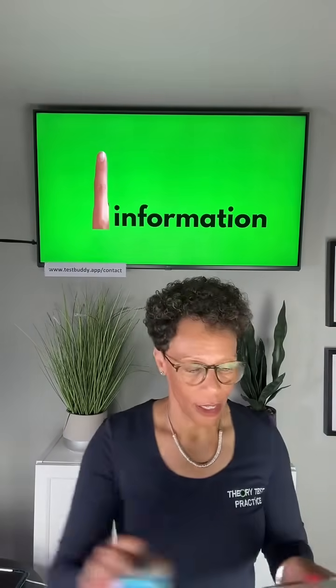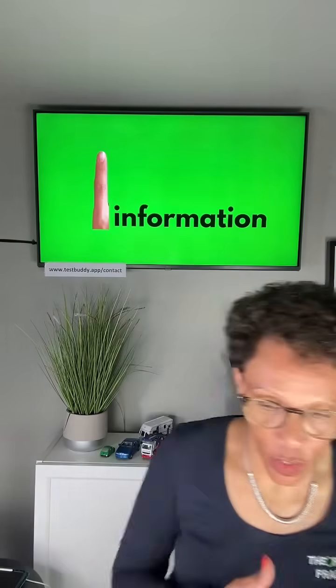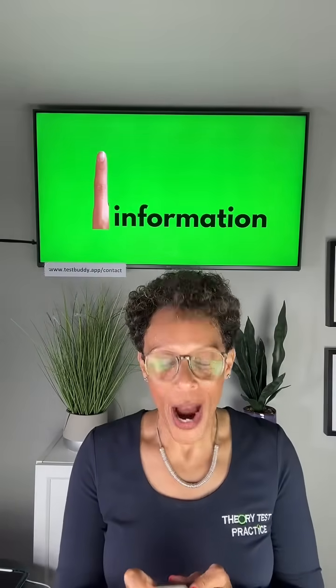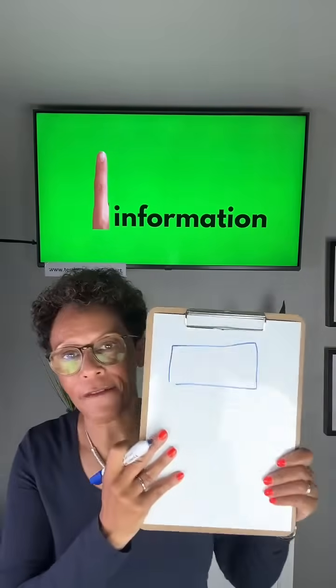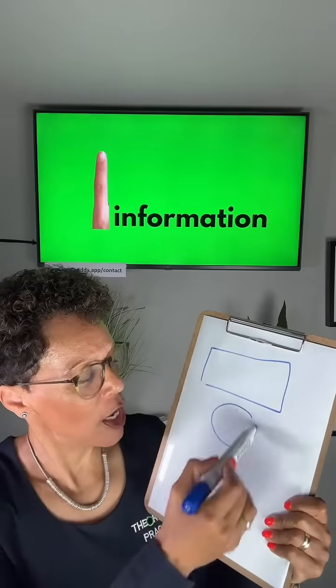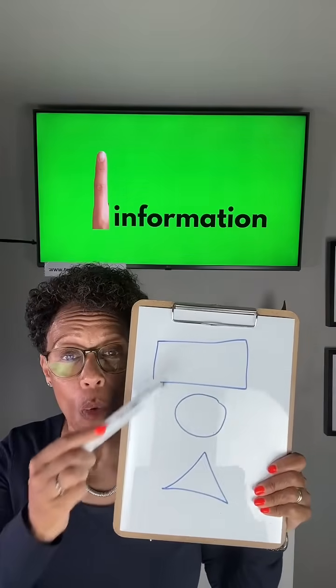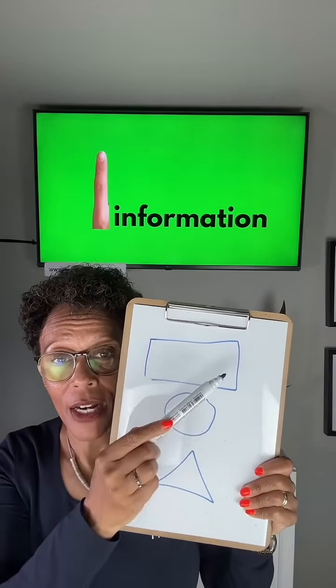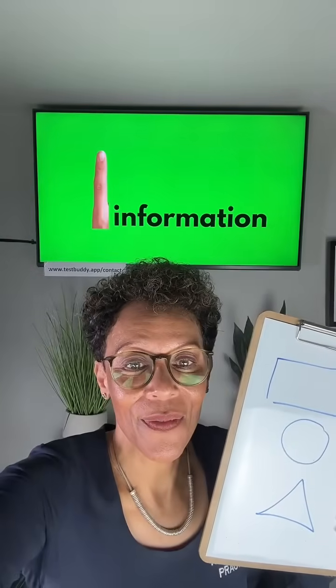Why do you think they've chosen the shape of a rectangle? Let me draw it for you. Why have they chosen the shape of a rectangle to be an information sign and not a circle and not a triangle? Can anybody have a guess at why it's this sign that gives you information?